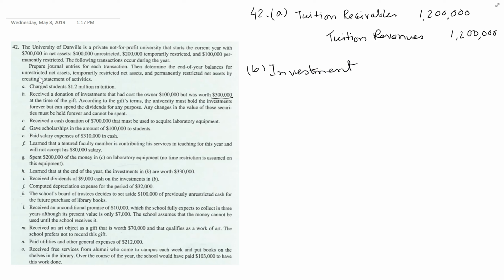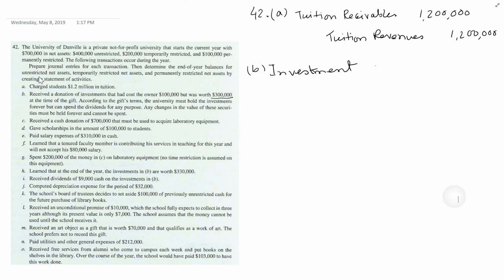and we will also increase our net assets, but since the donor imposed the restrictions, we will call it permanently restricted net assets, and of course it is coming from a contribution, so we'll also define that. So investment debit, which is according to the fair value, I'm repeating, investment or any type of physical assets, land, property, equipment, PP&E, if you receive as a donation and gift, you have to record as per the fair value.